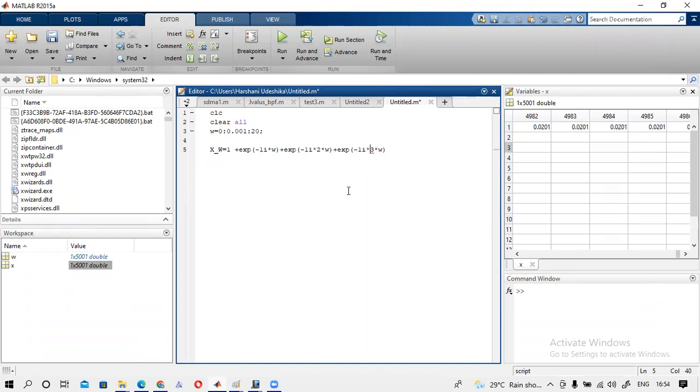Like this, you can type the expression itself as it is, and you have to get the absolute value here. MATLAB will calculate this.